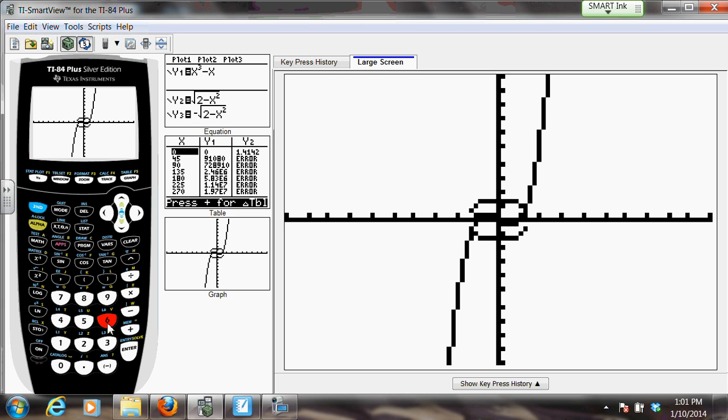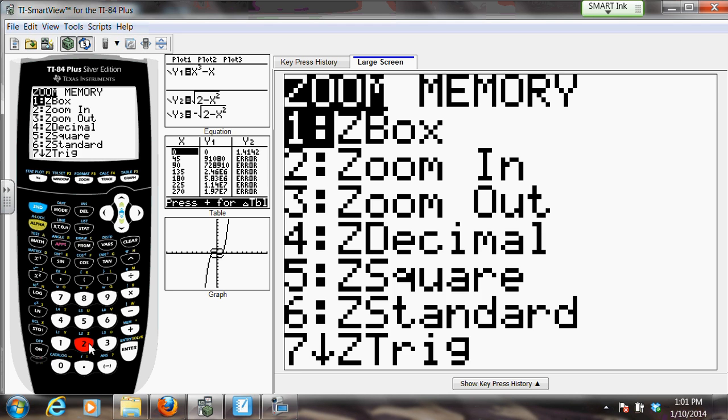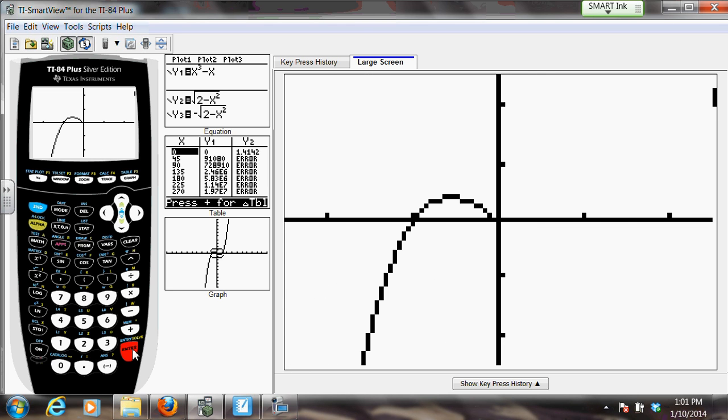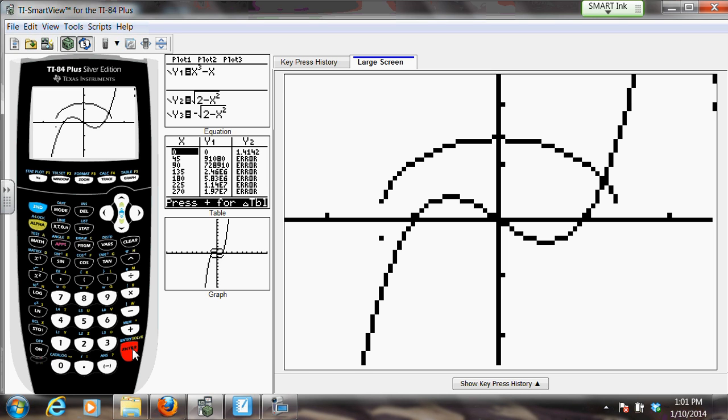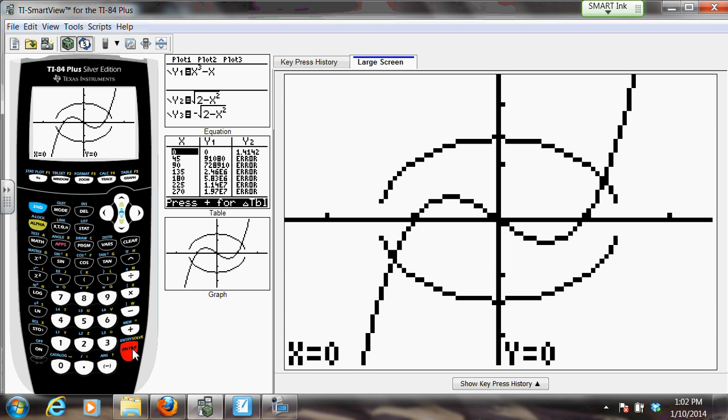Probably want to zoom in a little bit. Those really do go all the way, like to the axes, just so you know.